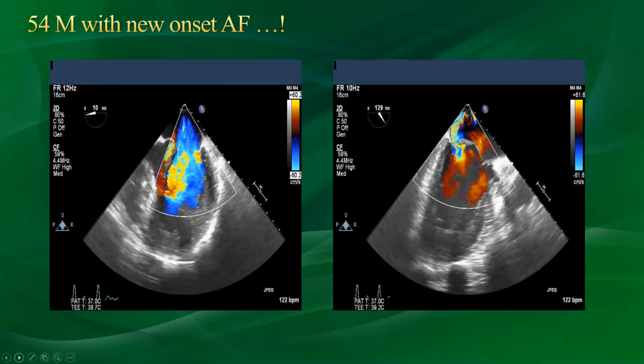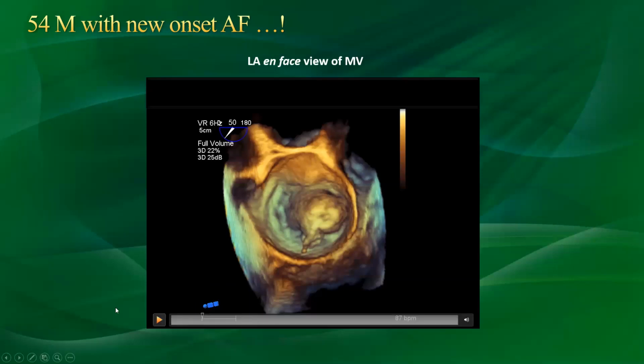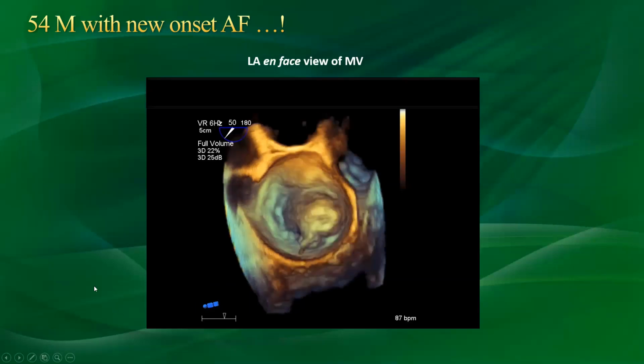Now what I'm going to show you is one left atrial en face view of the mitral valve, just one clip of the mitral valve, the same patient we looked at, and I'll ask you the same question again. Take a look at it, and tell me what you think is wrong with this patient.